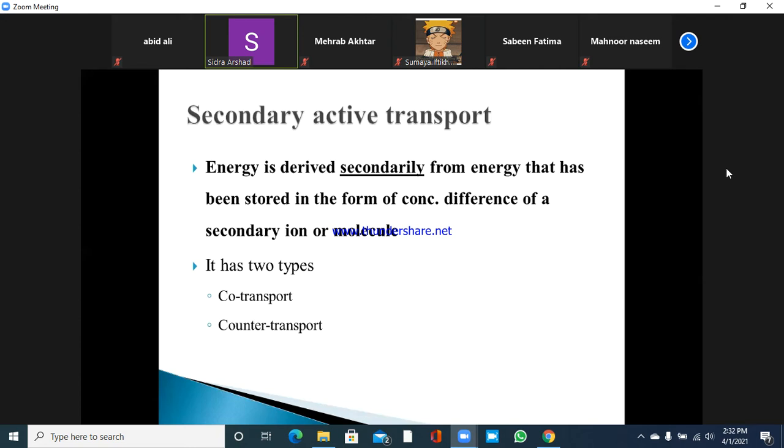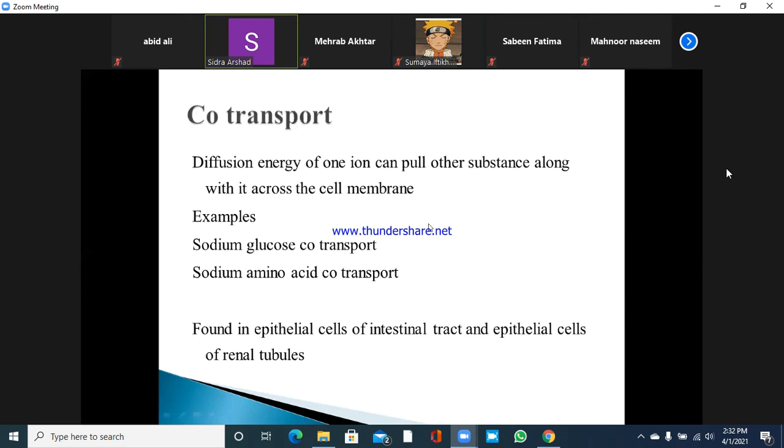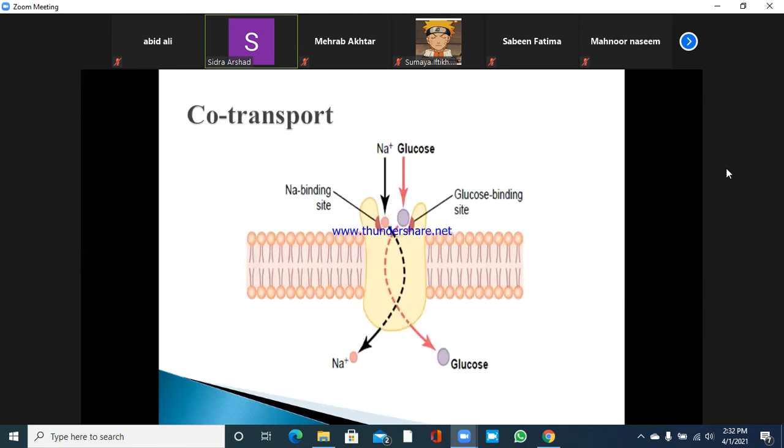Now, it is very difficult to comprehend secondary active transport. By studying their examples, it would be easier for you to understand, okay? Secondary active transport has 2 types, co-transport and counter-transport. I will just explain how it is using energy indirectly. Just wait for a few minutes.